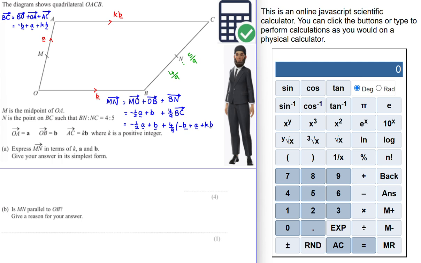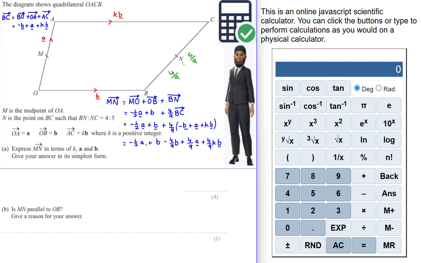Let's expand and simplify that to get minus a half a, plus b, minus 4/9 b, plus 4/9 a, plus 4/9 kb.